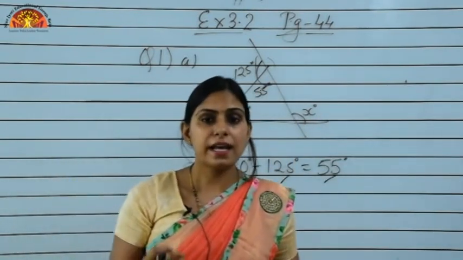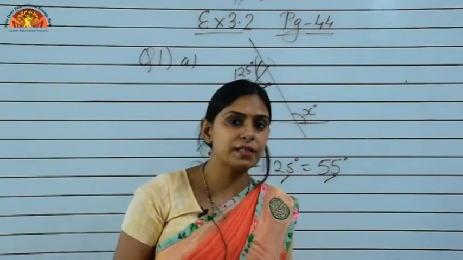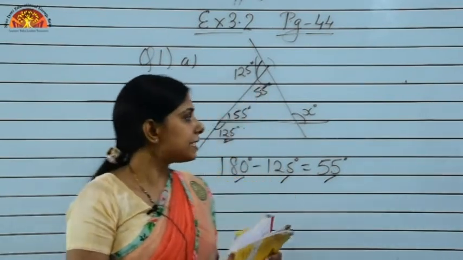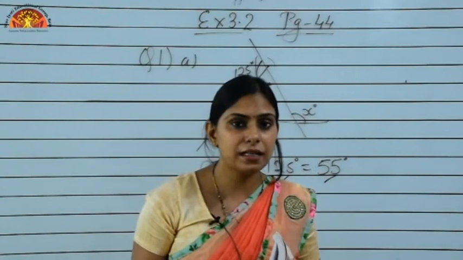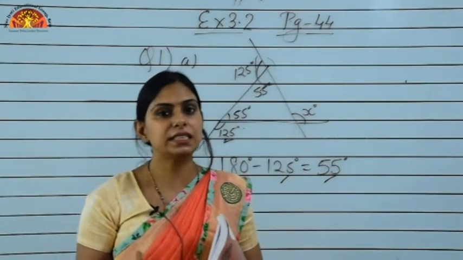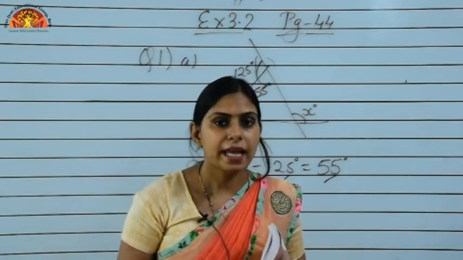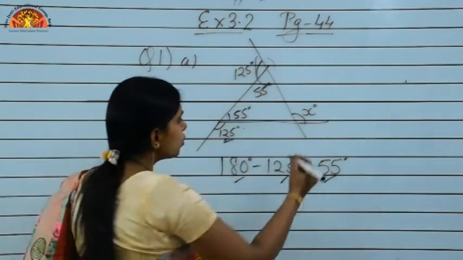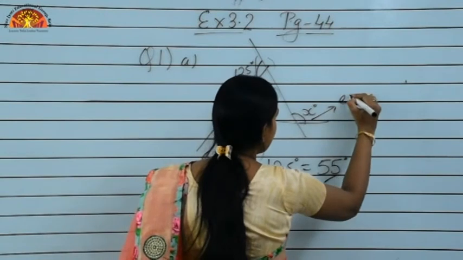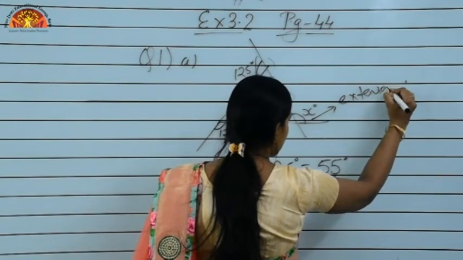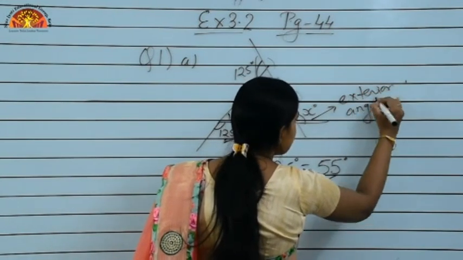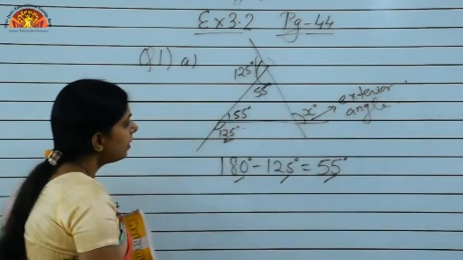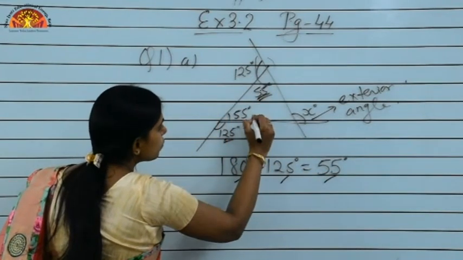Now children, as you have already studied in your class 7, that is in the previous class, the exterior angle is equal to the sum of interior opposite angles. So you can see children that this is an exterior angle. कौन सा एंगल है ये? This is an exterior angle and these are the interior opposite angles.